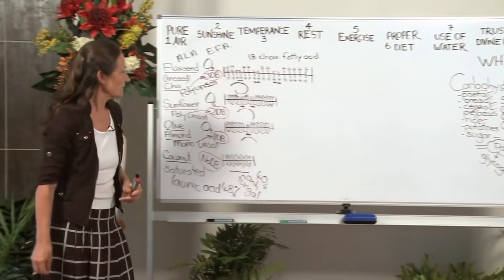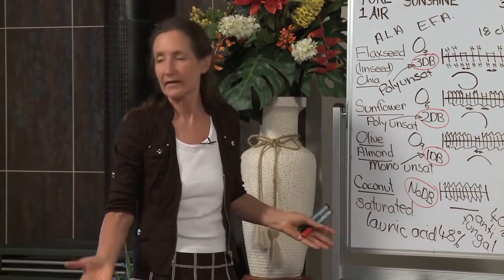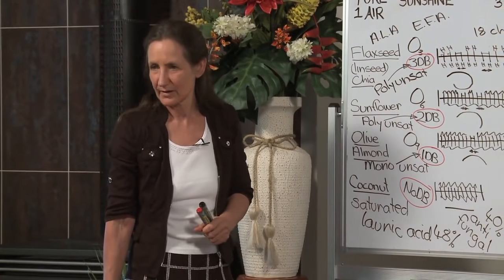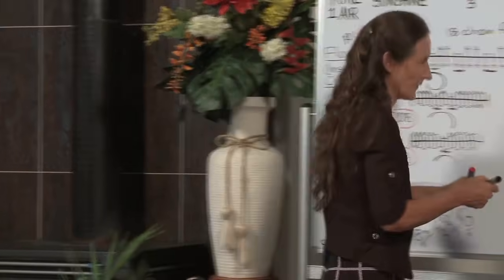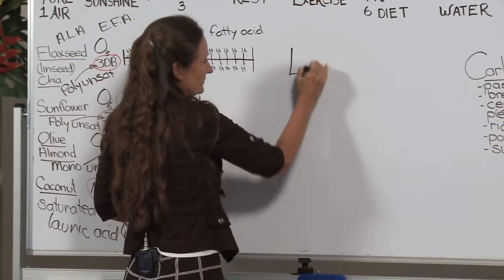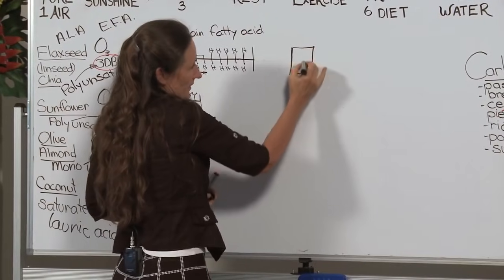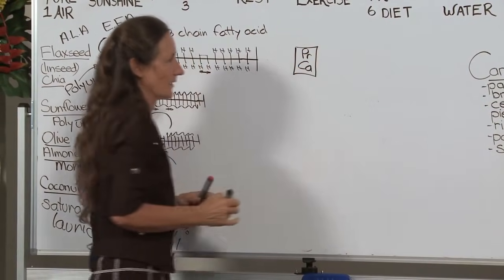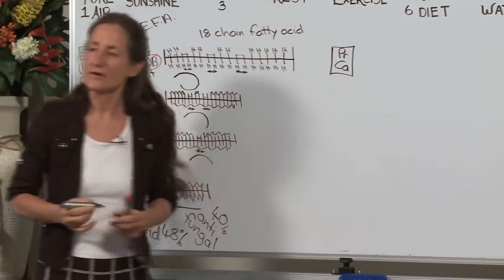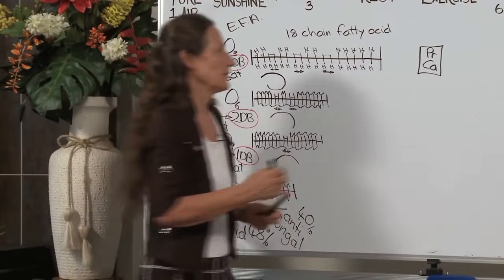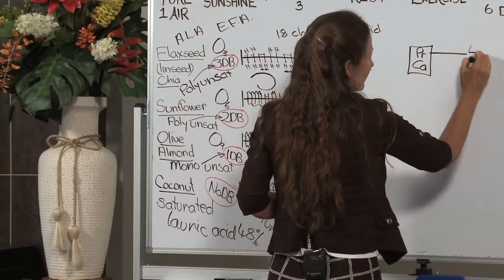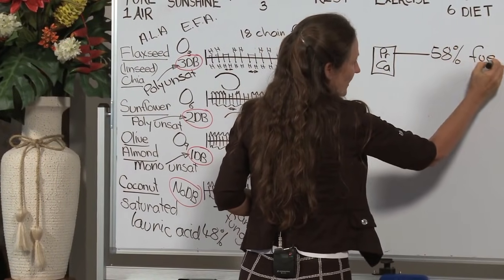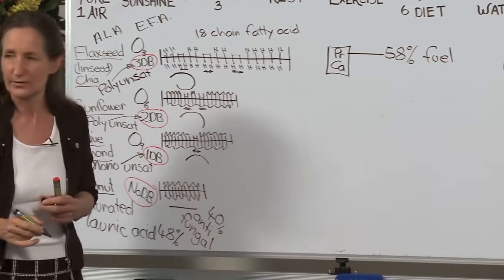The question is asked, where do we get our calcium from if we're not eating any dairy products? Let me show you. This is a glass of milk. And this milk is high in protein and it is high in calcium. But animal protein is very dirty burning fuel. In fact, only 58% of it is burnt as fuel. And that's leaving a sulfur waste which has a very acid effect on the body.